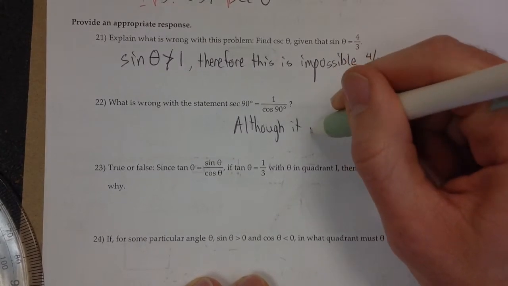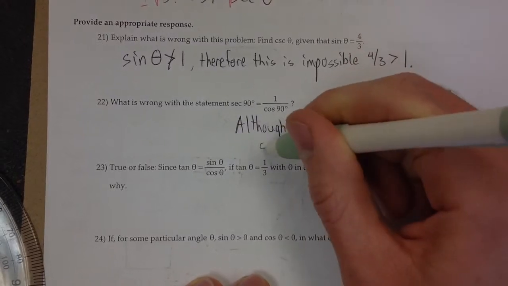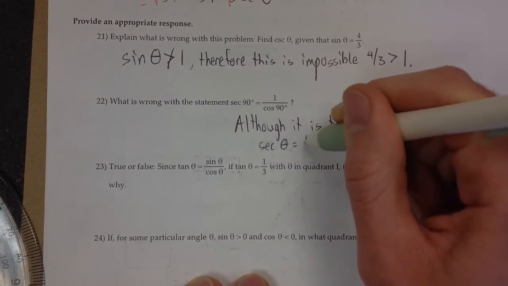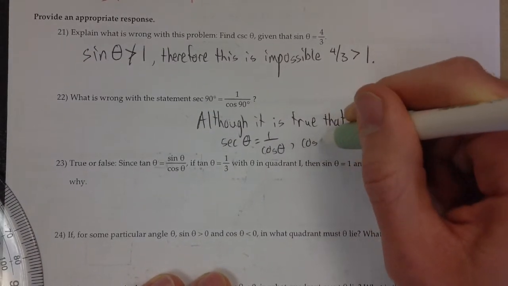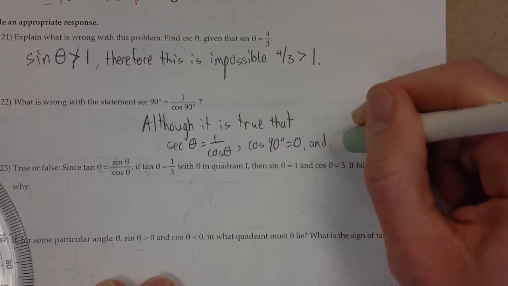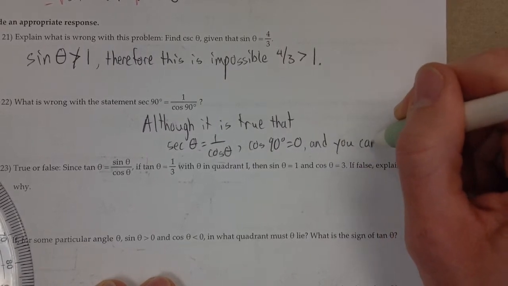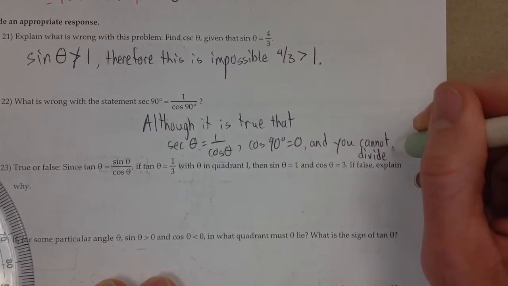Although it is true that the secant of theta equals 1 over the cosine of theta, cosine of 90 degrees equals 0, and you cannot divide by 0.